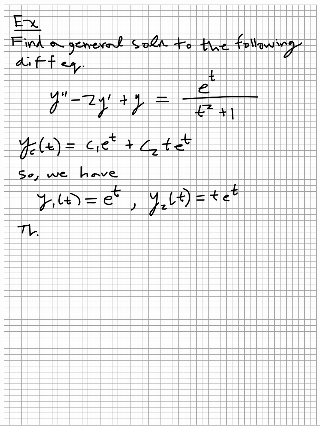So therefore, the Wronskian of these two functions is W, which equals the determinant of e to the t, and then the derivative of e to the t, which is e to the t.